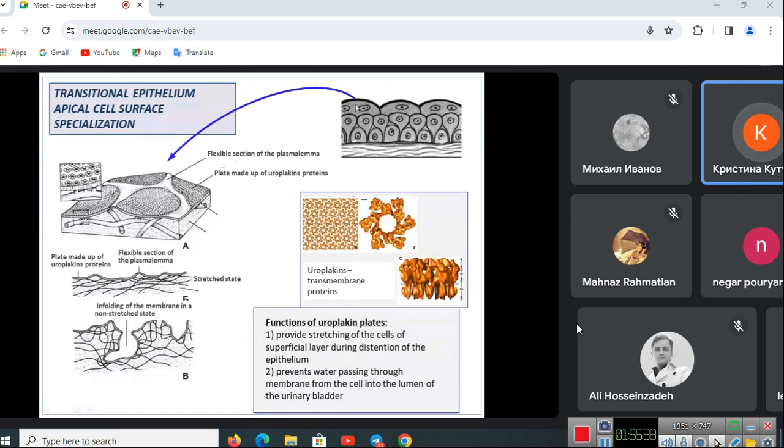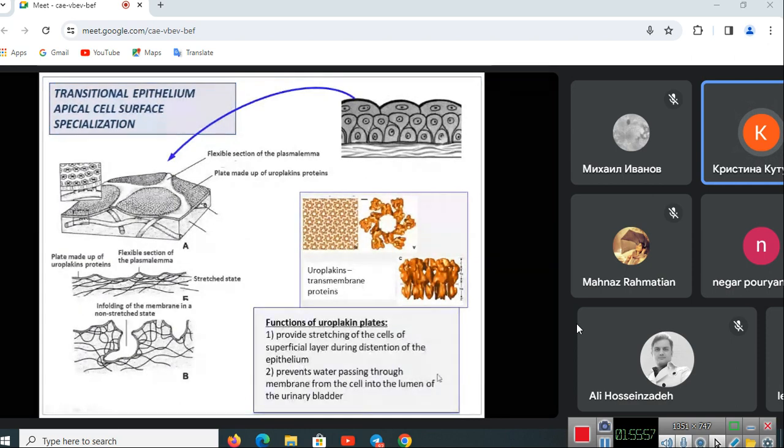To prevent this, the cell has these specific plates which prevent passage of water through the cell membrane. So water cannot go from the cytoplasm of the cell towards the urine, which fills the lumen of the urinary bladder. So this is the second function of the uroplakin protein.